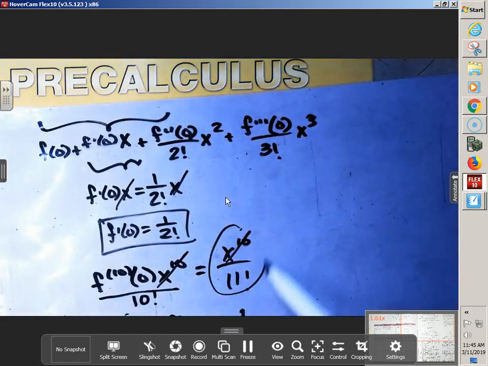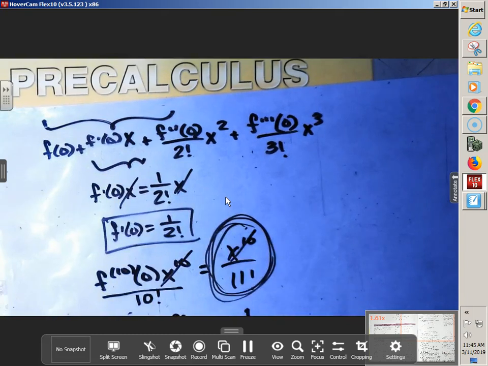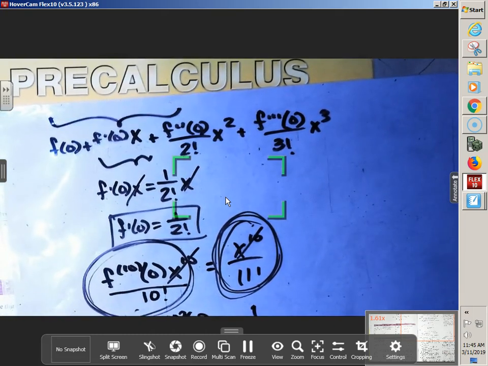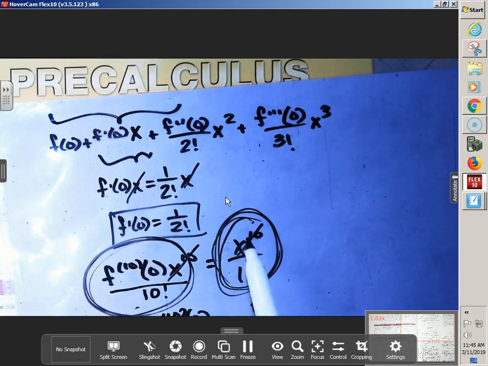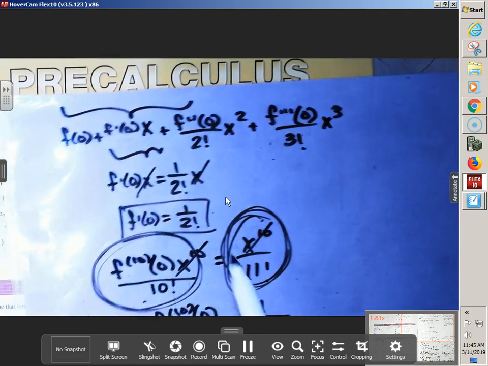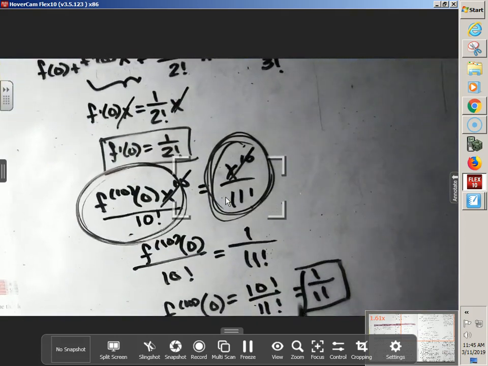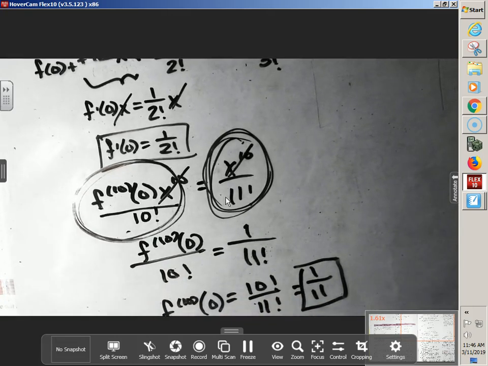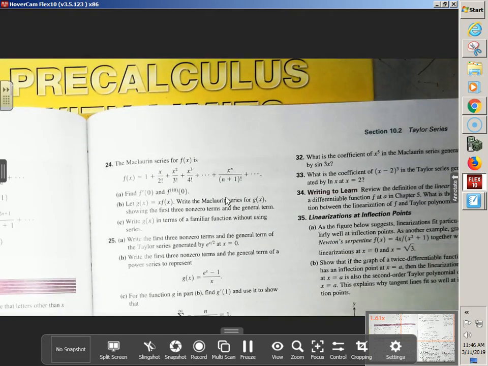The term from my series is this one, but the formula would have said find it this way. So the formula somehow simplified down to this, and the only way this formula could simplify to this is if I had 1 over 11 as my 10th. Because then it'd be 11 times 10 factorial, which is 11 factorial. Sorry, Naomi. Does that make more sense? Yeah. Okay. We have to make it match the formula.